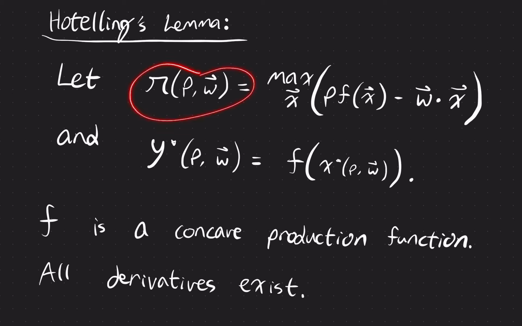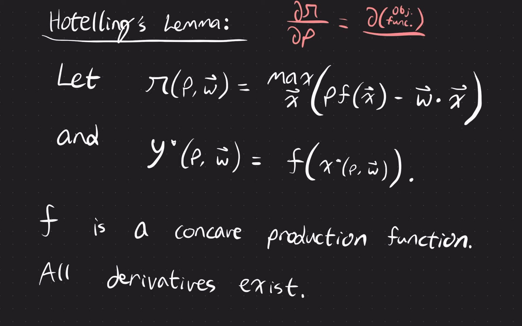This is the solution to the maximization problem, so the envelope theorem tells us the partial derivative of pi with respect to any of the parameters is going to be the partial derivative of the objective function with respect to that same parameter evaluated at the optimum, and plugging in the parameters we have.